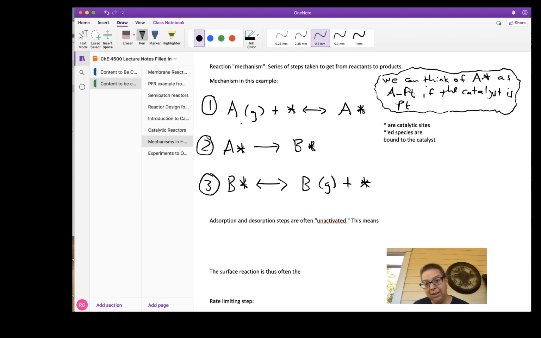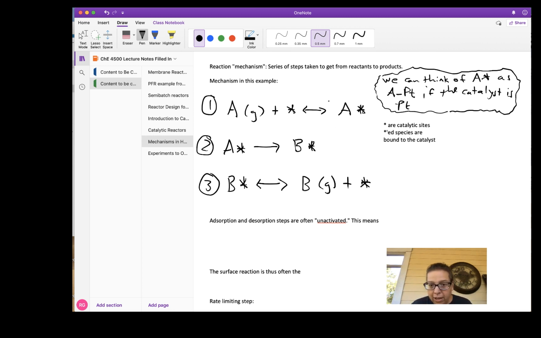Species A is a species, and this asterisk, this catalyst site, is also a chemical species. Just like in a chemical reaction, I must balance the number of molecules of A on the reactant and product side, I must also balance the number of catalytic sites. If I write a catalytic site here, I also need one on my product side. You'll see in each reaction I have a balance, so the number of asterisks on my product and reactant side is always equal.